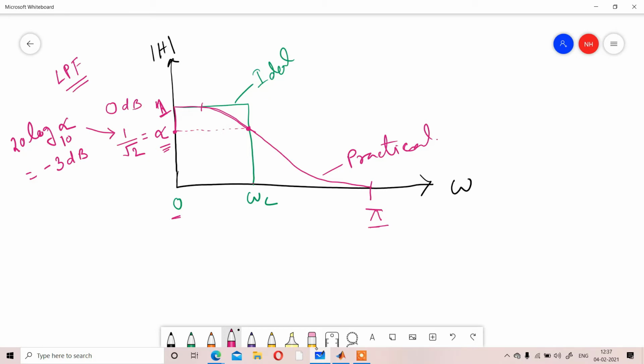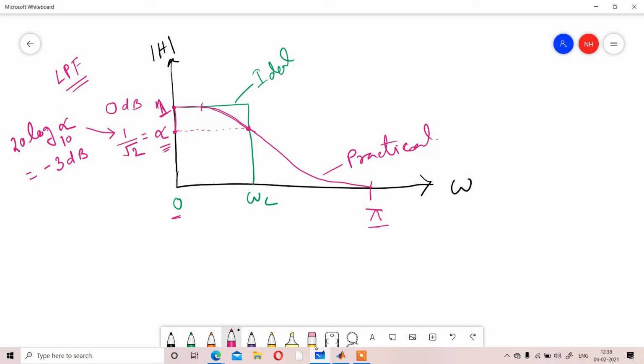If we represent the filter in decibel format, it starts from 0 decibel and goes toward minus decibels: minus 3, minus 5, minus 20, minus 60, like that. In magnitude format, it is simply 1 to 0. Clear? The maximum allowable range is 0 to minus 3 dB.